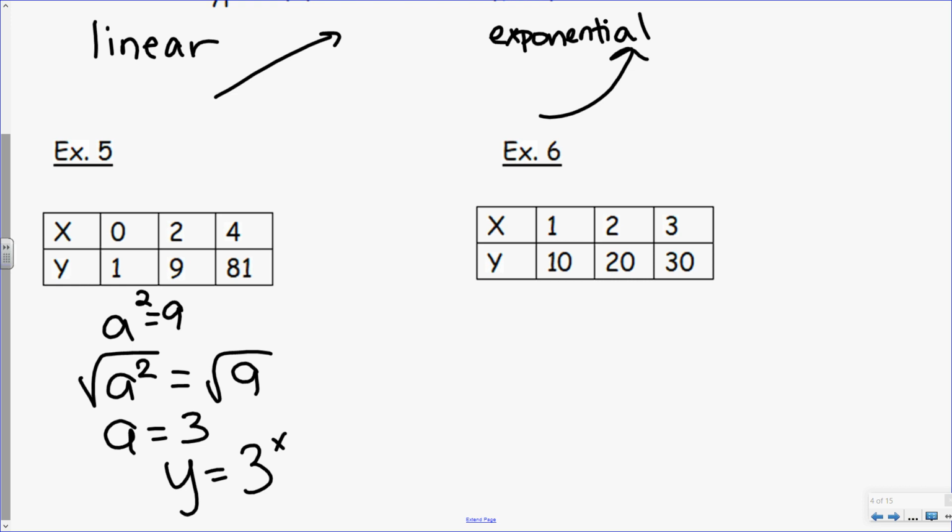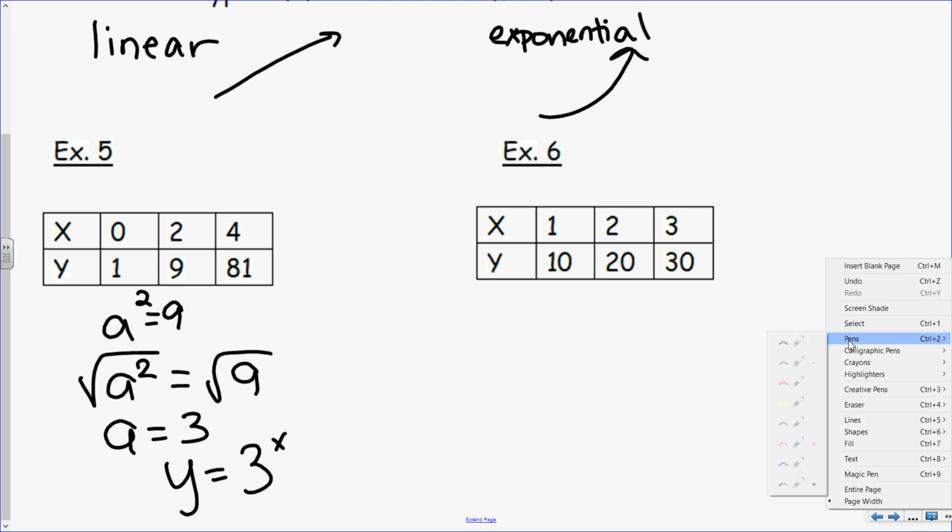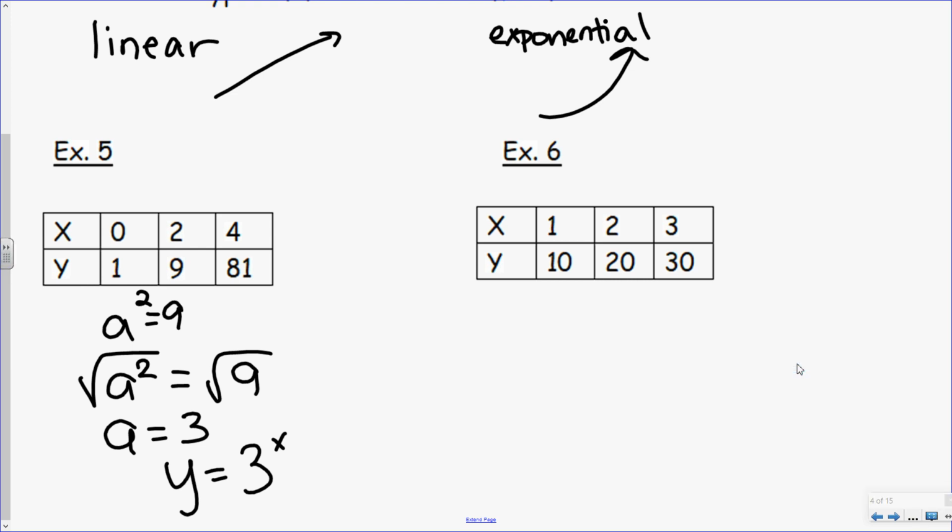Okay? Let's look at example 6. So I'm adding 1, adding 1, adding 10, adding 10. Is this exponential or linear? This is a linear function. With a rate of change of 10 over 1 for all rates of change.